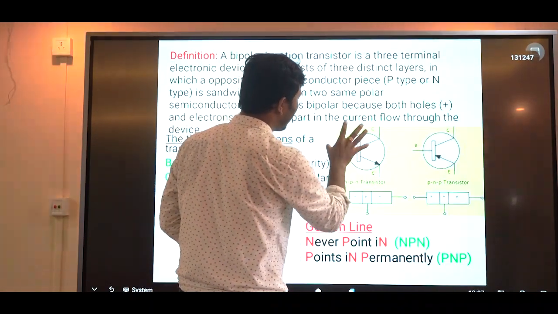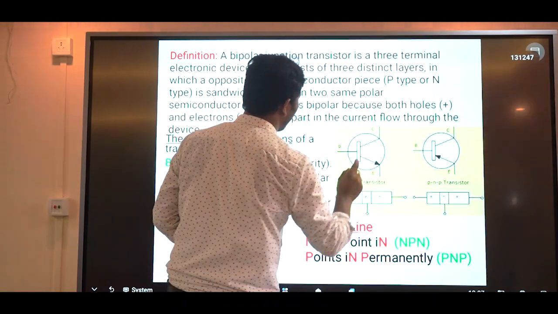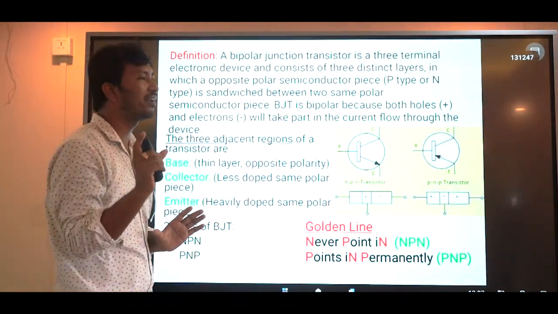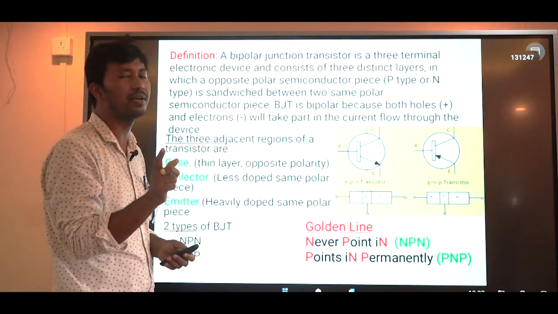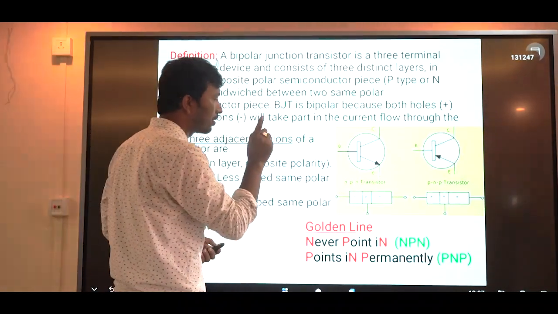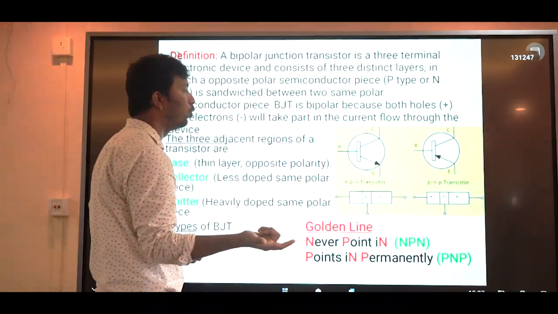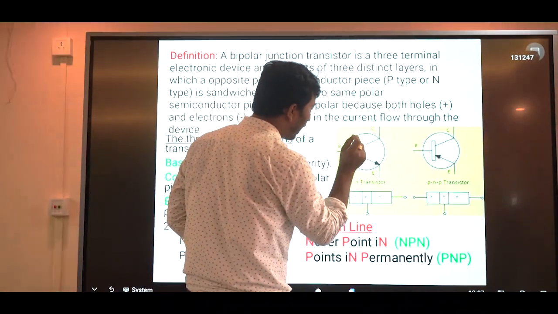Here we can see that there is an arrow mark in this terminal. When we draw a transistor, it may be NPN or PNP, we give an arrow symbol in the emitter terminal only. By observing the direction of this arrow, we can say which kind of transistor this is.